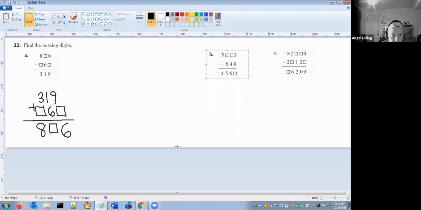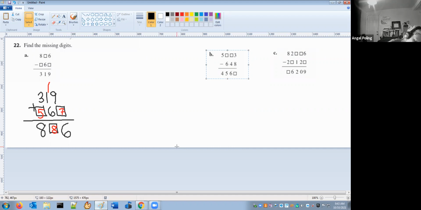So let's see, the 8 and the 6 are solid, right? So I think we had, let's see, a 7, right? 9 plus 7 gets us to the 6. And then we would carry the 1 for 6, 7, 8. And then in the next column, there's nothing to carry. So we just have 3 plus 5, which is 8.